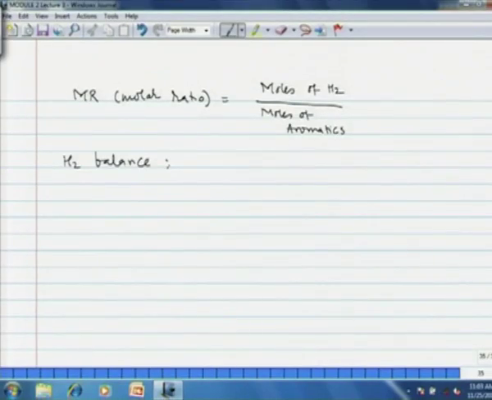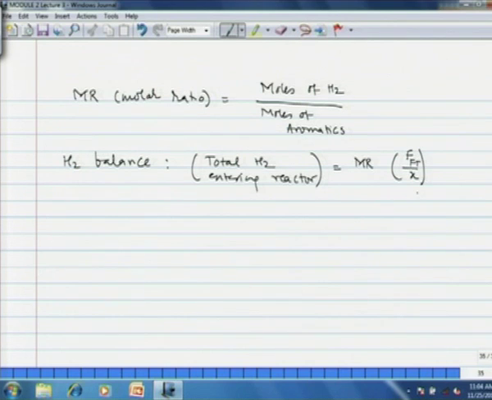Now, if we see the hydrogen balance for the process, the total hydrogen that enters the process is molar ratio into FFT by X, which is the moles of aromatics, okay, or toluene, and then this hydrogen should come from recycle stream and fresh gas feed.